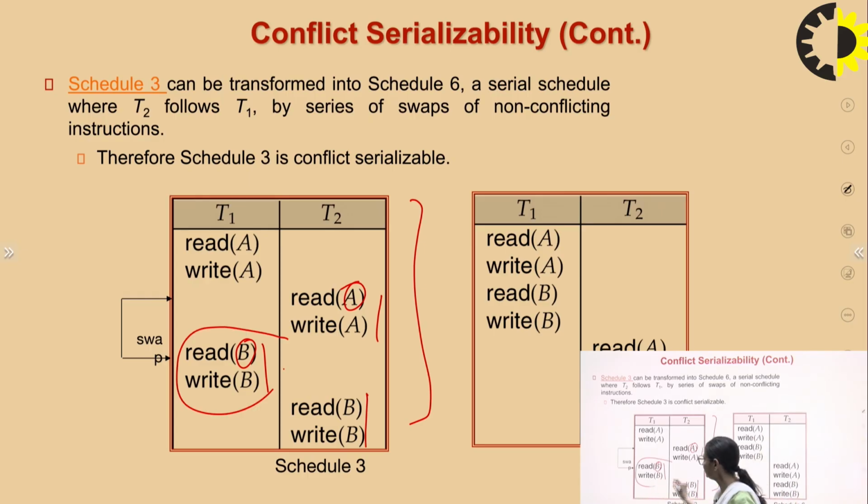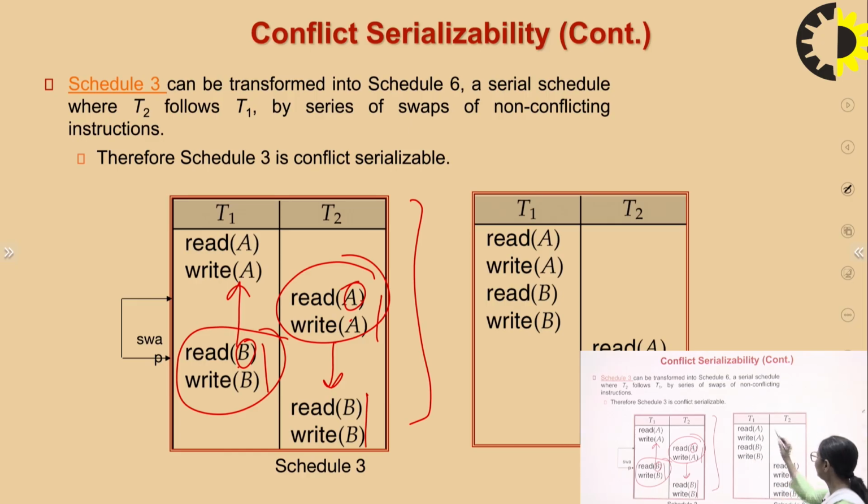Then we can bring this up and this whole set of instructions down. That is, we can interchange their order, and we get this particular thing which is a serial schedule. So in this case, we can say that it is equivalent to this serial schedule and it is a conflict serializable schedule.